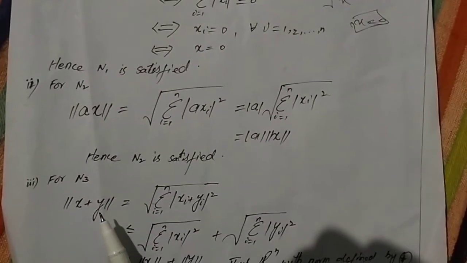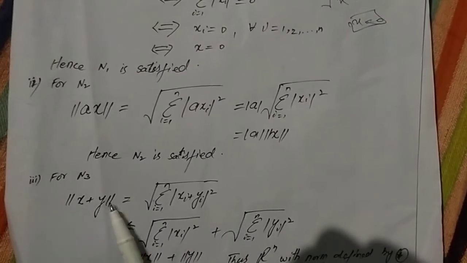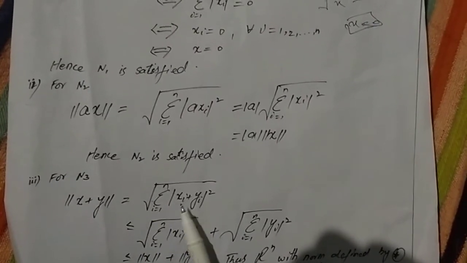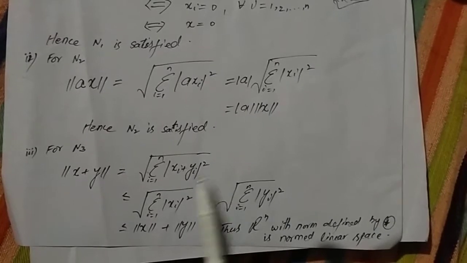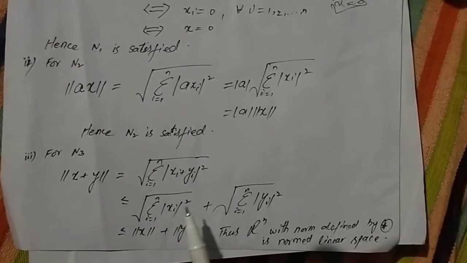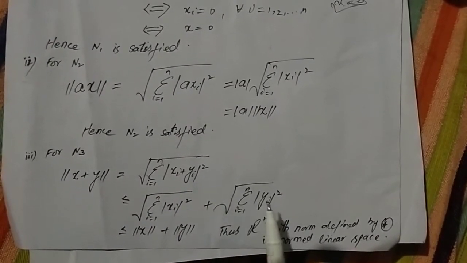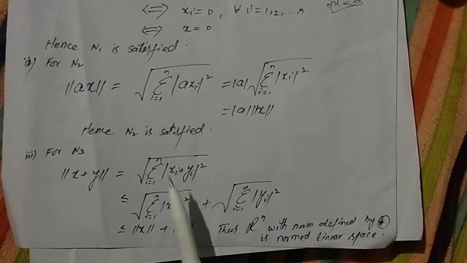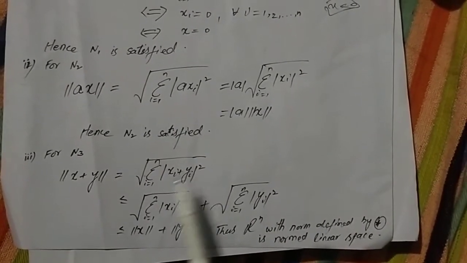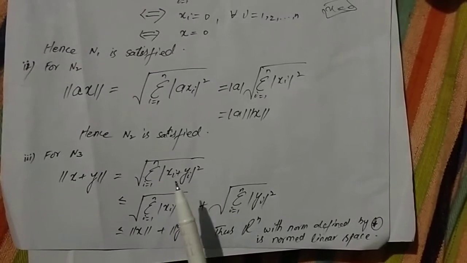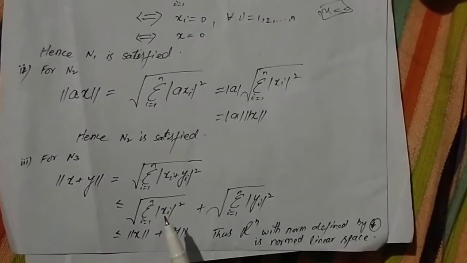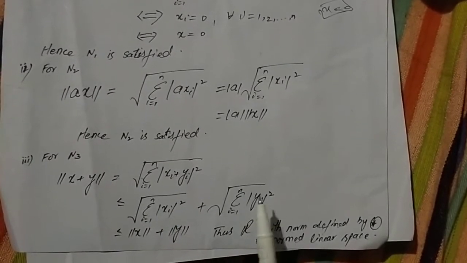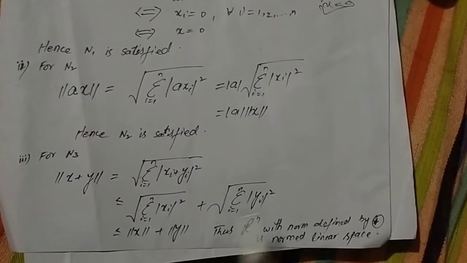For the third condition, the norm of x plus y equals the square root of the sum from i equal to 1 to n of (xi plus yi) squared. Now from the Minkowski inequality, if you expand, it becomes less than or equal to the square root of the sum of xi squared plus the square root of the sum of yi squared.